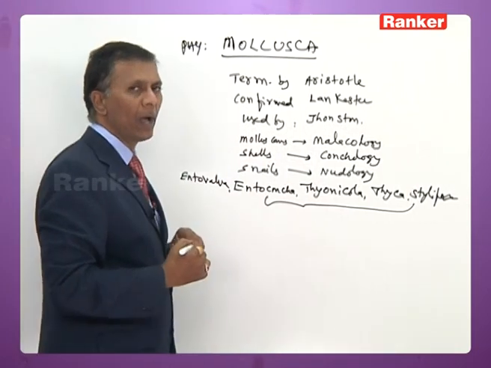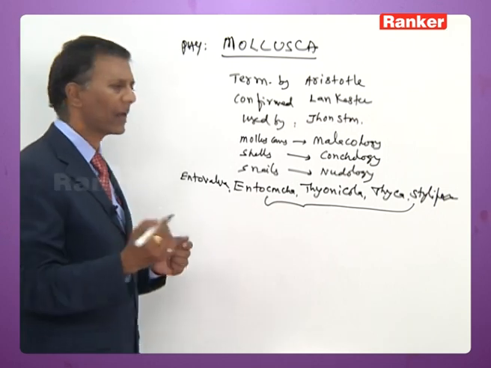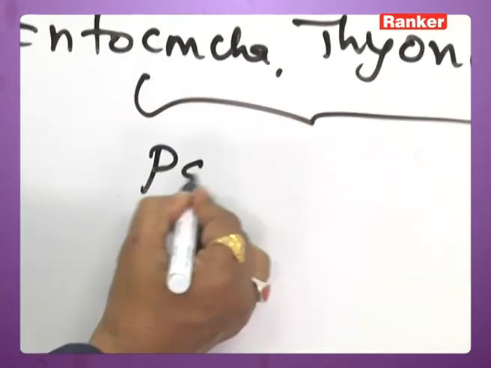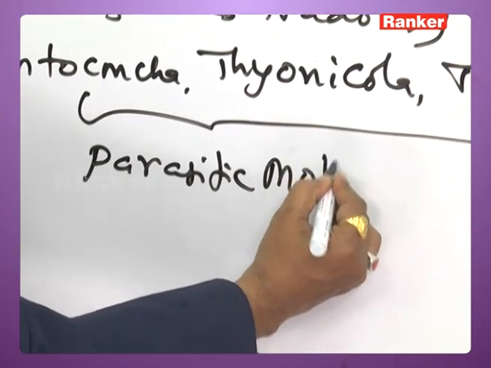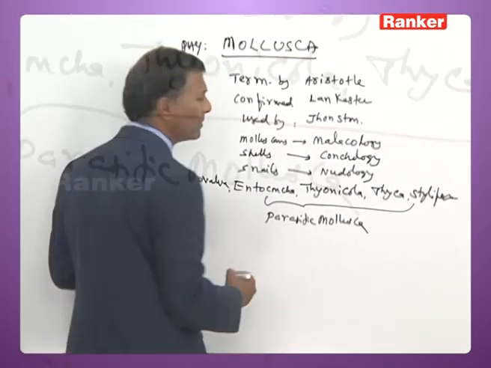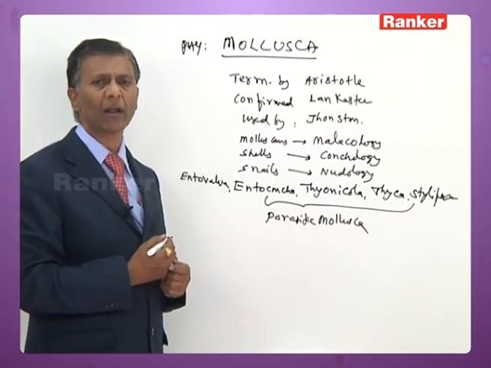So Entovalva, Entoconcha, Thionicola, Thaika, and Stylifer are the parasitic molluscans. Except these 5 of them, the rest of the molluscans are free living.